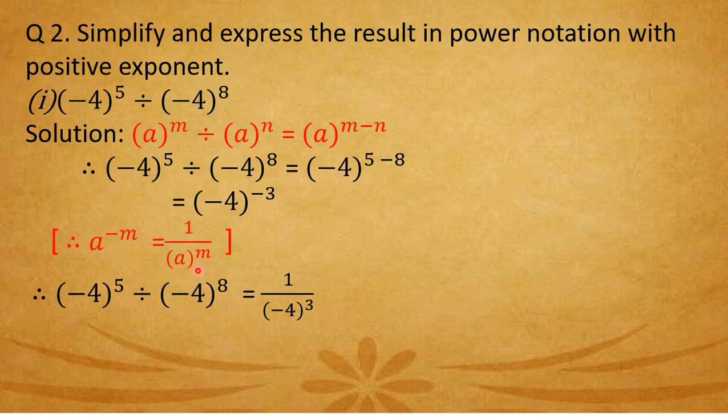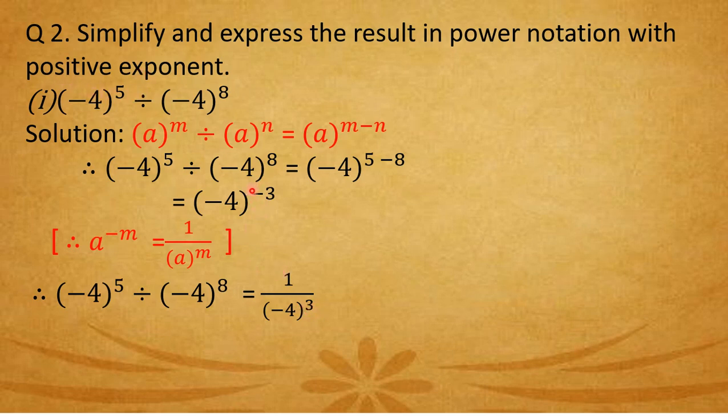So in the positive power notation, we can write minus 4 raised to the power minus 3 as 1 upon minus 4 raised to the power 3. As we have to write the answer in power notation, this is sufficient, where this 3 shows the power of this minus 4, and also with positive exponents.